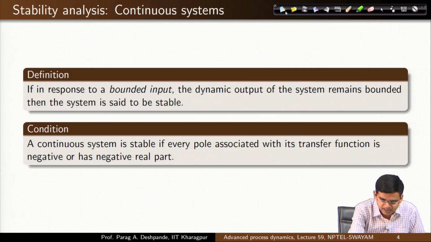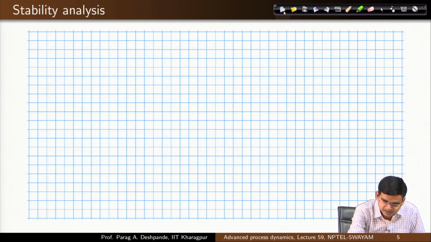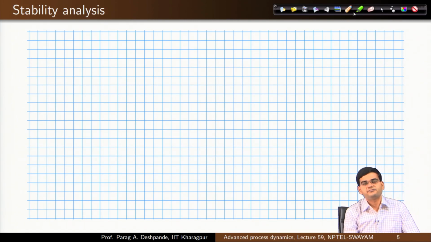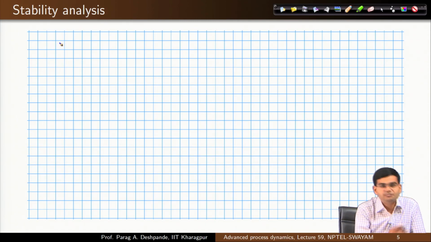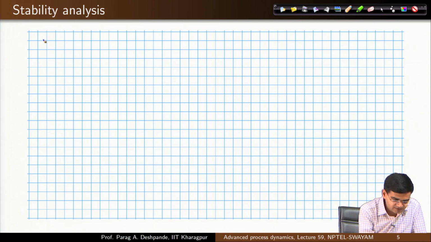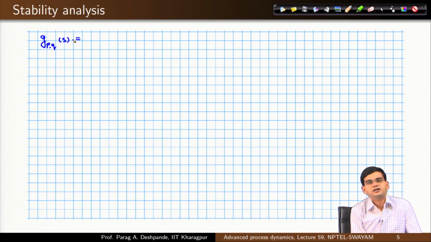Let us see if we can establish this. So, imagine that I have a pq order system. Let us take the most general case. So, I have G pq of s, and what would this look like?